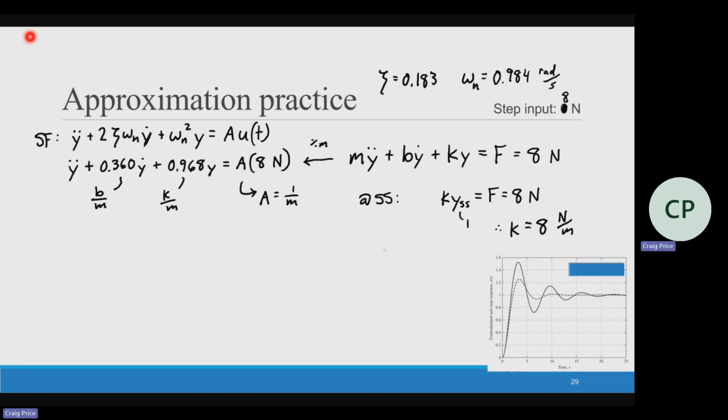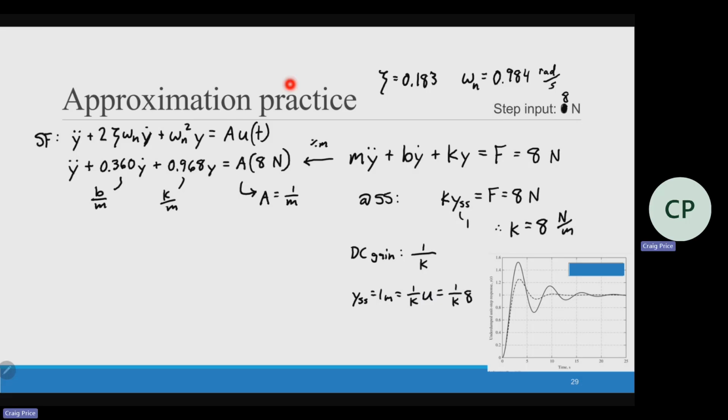So another way to write it, DC gain, if I created a transfer function, which you can, DC gain is equal to my transfer function, which would just become 1 over k. So 1 over k, y steady state is just equal to 1 meter, is equal to 1 over k times the input, which is 8.